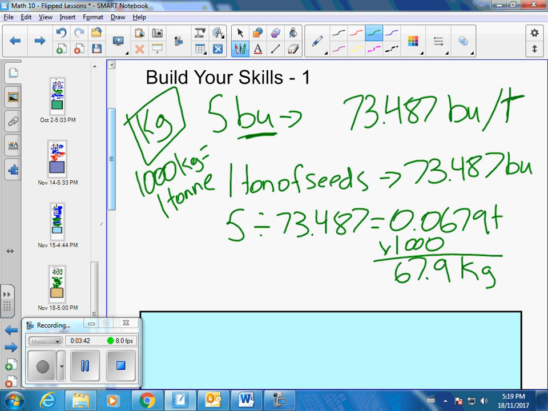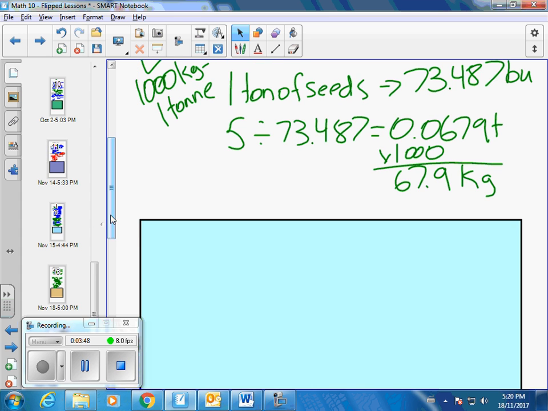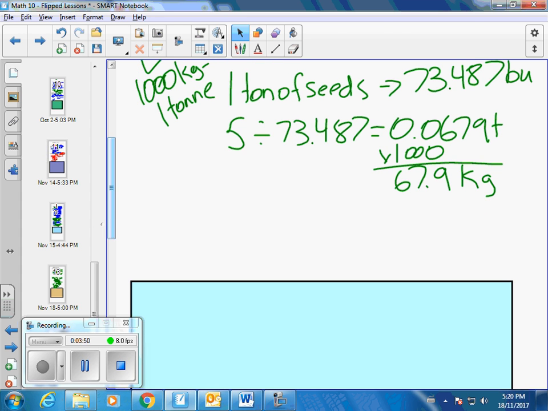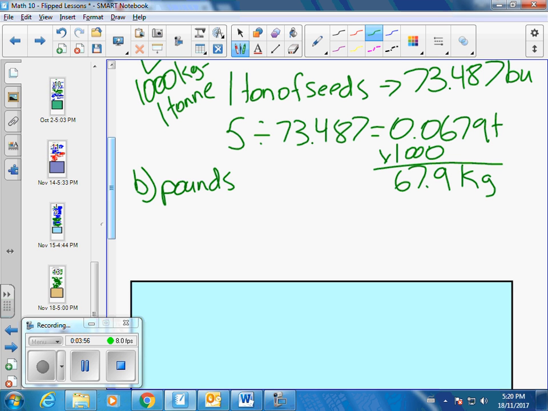kilograms. Let's say they wanted to convert that into pounds, because that's the second part of the question. So they want to know the answer in pounds. I know that there are 2.2 pounds in 1 kilogram.